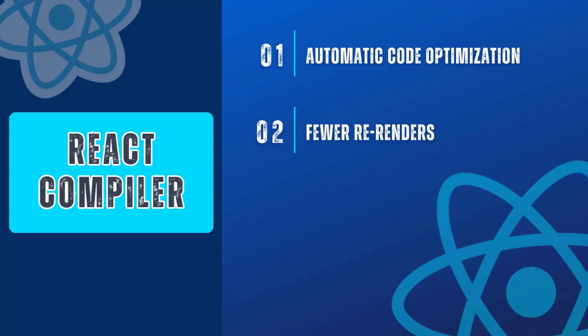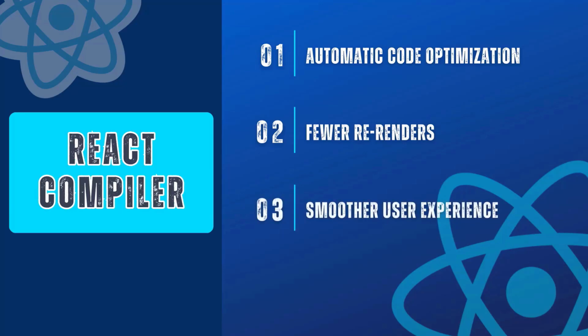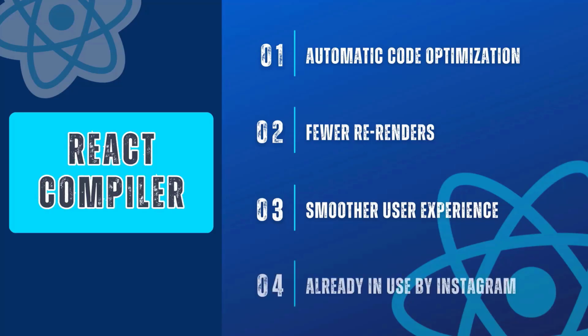This means your app will be faster and more responsive. With fewer re-renders and optimized code, users will experience less lag and smoother interactions within your app. The reliability of the React compiler is proven by its use in large-scale applications like Instagram, ensuring it's ready for production use.